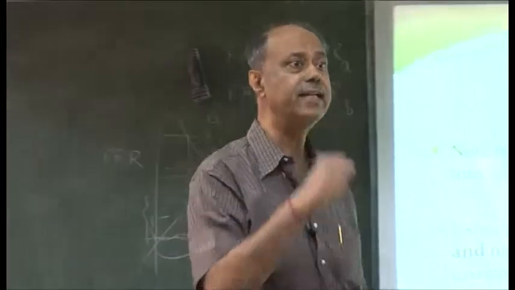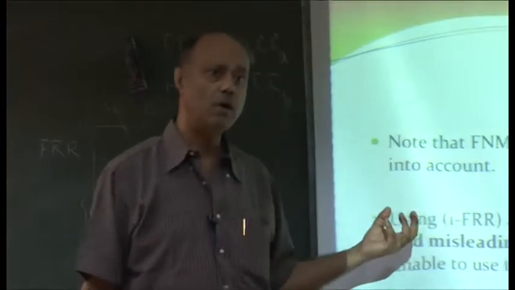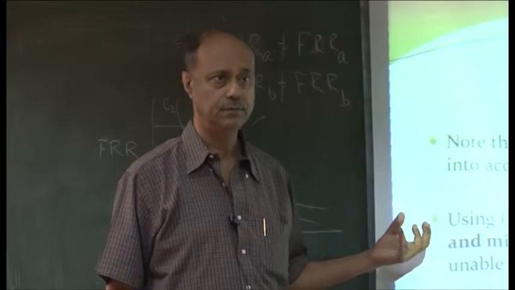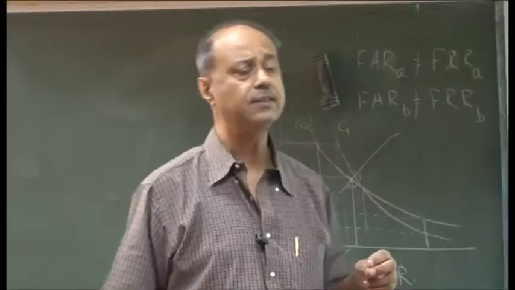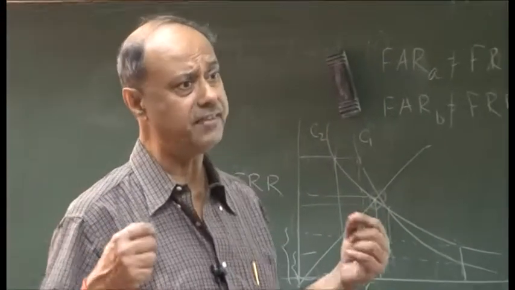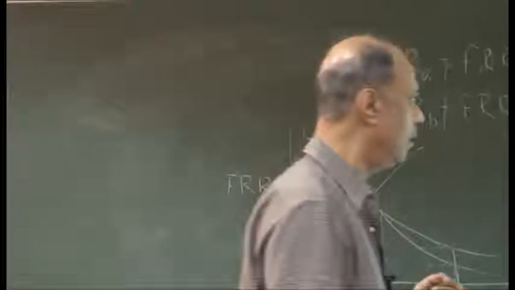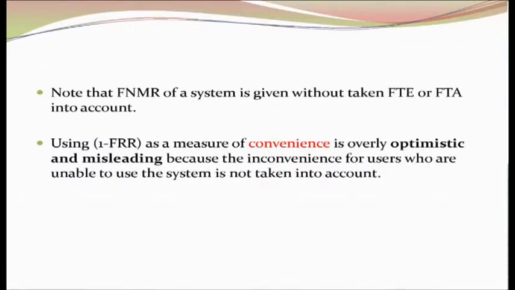So, there exists a certain hidden cost which we are not considering, because in computing convenience or security, I have used only FAR and FRR. But what about FTE and FTA? Their values should be added to determine the convenience factor or the cost factor, because manual intervention and exception handling will be involved.